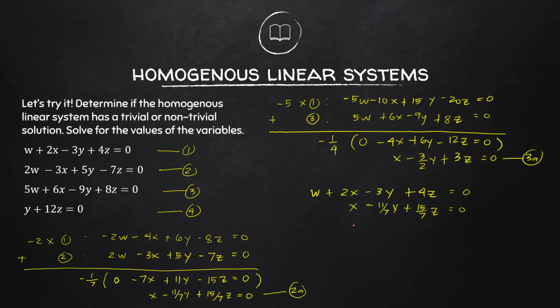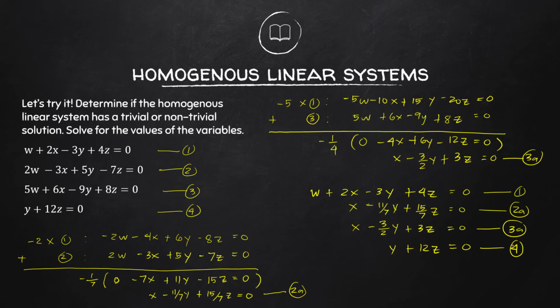This would be x minus 3/2 of y plus 3 of z equal to 0. And lastly, we have your fourth equation, y plus 12z, that is equal to 0. We have your four equations here: 1, 2a, 3a, and equation 4.